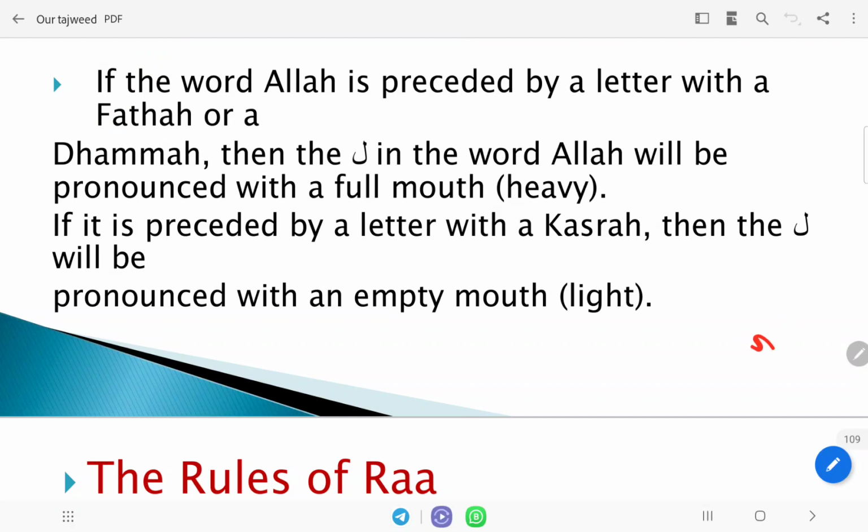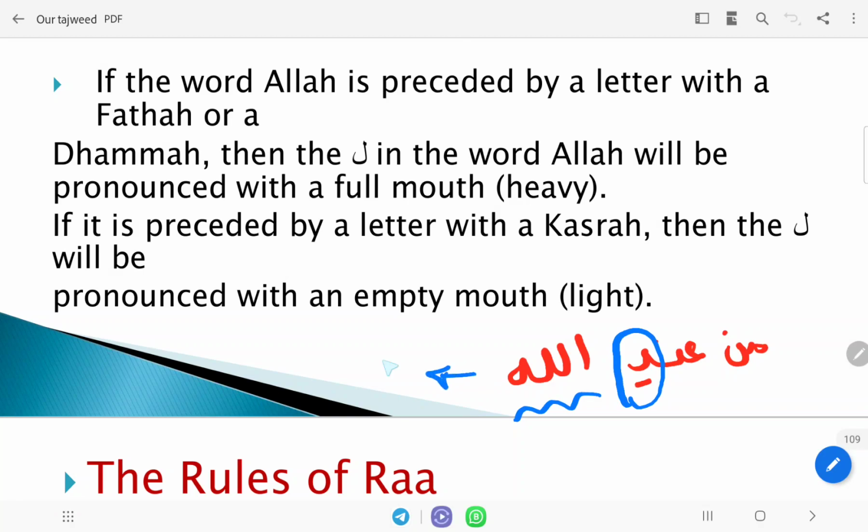The first example, من عند الله. Here the word Allah is preceded by a letter with kasra, so here we will pronounce the lam within an empty mouth, which means that the lam is light.